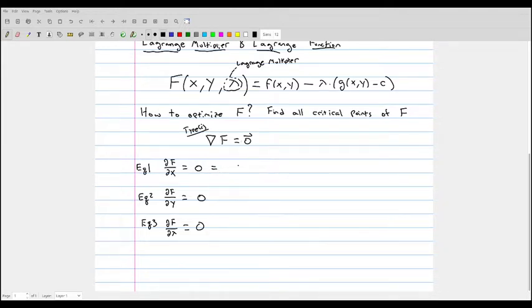What this is saying is that if we take the x partial derivative of this function right here, this is the same thing as the x partial derivative of lowercase f minus lambda times the x partial derivative of g.